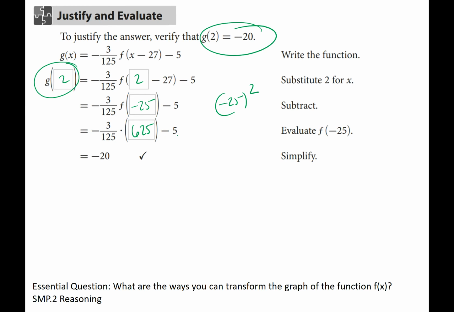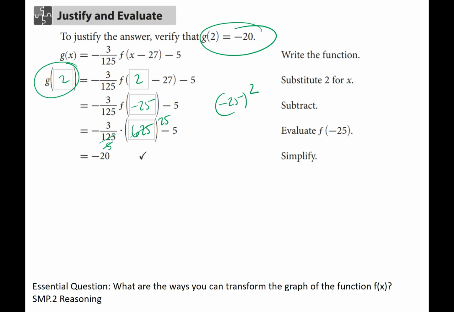And then 625, let's see, I could simplify here, couldn't I? 125, you know 5 goes into both of those, or 25 goes into both of those. 25 goes in there 5 times, and 25 goes in there 25 times.